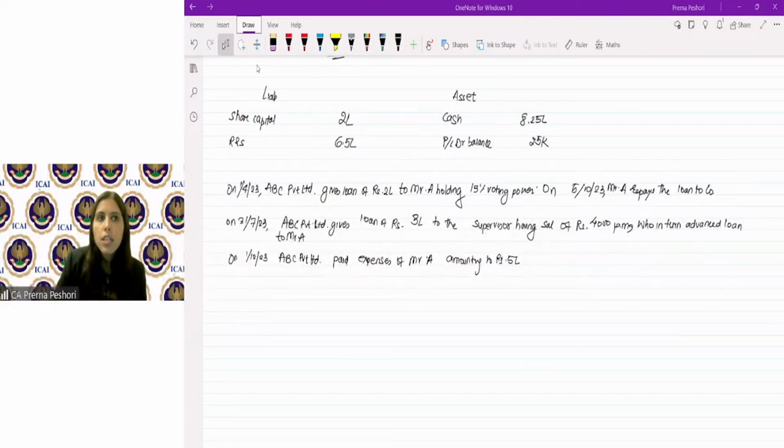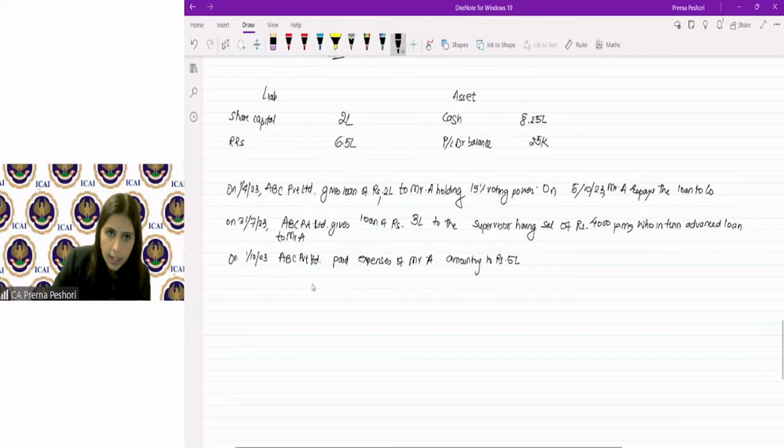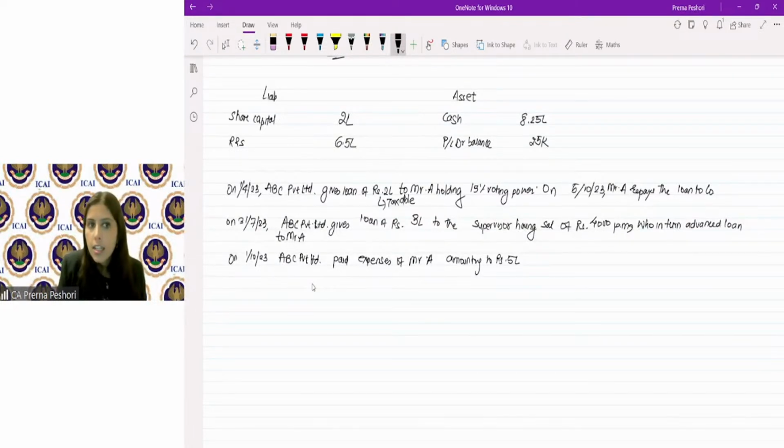So even though the shareholder has repaid the loan, still 222E, as I said, will be applicable. So in this case, this amount of 2 lakh will be taxable. Repayment will not have any impact on the applicability of 222E.